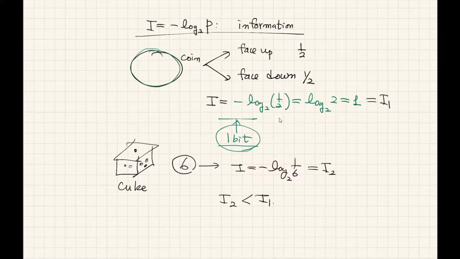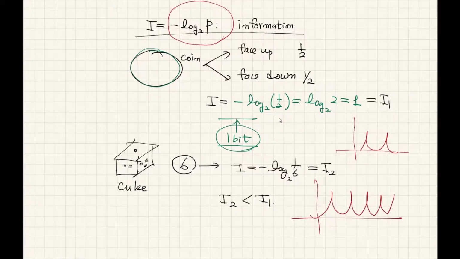Usually when we use entropy to describe information, in the coin case we have only 2 cases, but in this case we have 6 different cases. So in terms of entropy, this is a higher entropy, entropy 2. The coin is a case of entropy 1. Entropy 2 is higher than entropy 1.